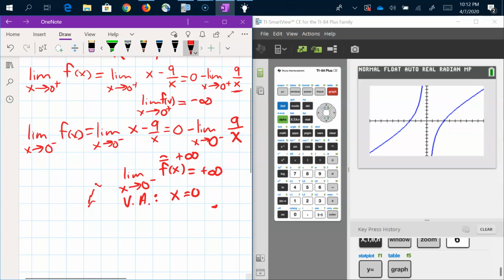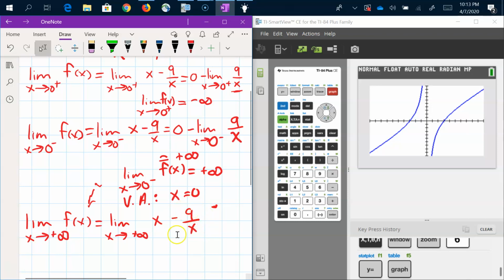Okay. Now, I did say that there appeared to be an oblique asymptote, and so for the first part of this, we looked at x approaching 0 from the right and from the left, and we saw it went to minus infinity or positive infinity. And now I'm going to look at the end behavior, meaning the limit as x approaches, say, positive infinity. And if we look at the second term here, as x gets arbitrarily large, I'm taking 9 and dividing by a large number.